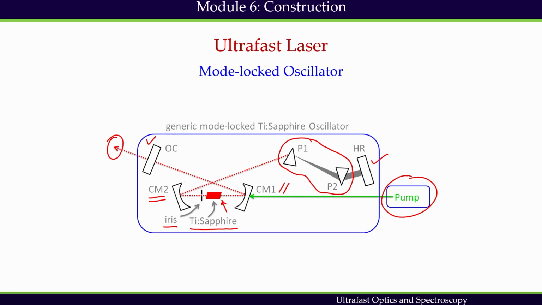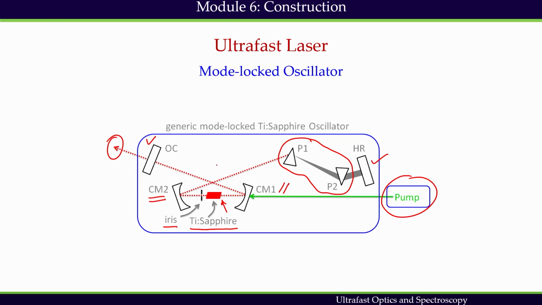The Ti:sapphire crystal is pumped by the output of a continuous wave argon laser or a diode pumped frequency doubled YAG laser. The CW light is focused into the Ti:sapphire crystal collinear with the laser cavity itself. CM1 is a dichroic mirror which is transparent at 500 nanometer and reflects the emission wavelength of Ti:sapphire, which is 800 nanometer.